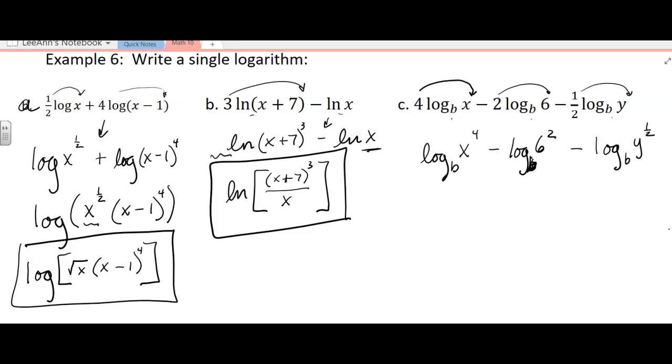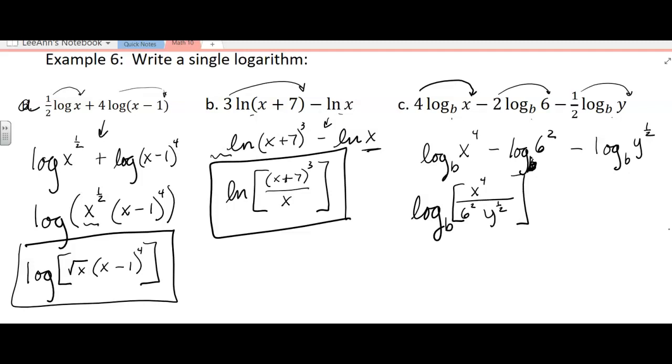Now, positive logs, the arguments in the numerator, negative logs, the arguments in the denominator. Okay, so we're going to write one logarithm, and we'll go ahead and bring in a bracket. That x to the 4th is in the numerator, but the 6 squared, that's down in the denominator, and the y to the 1/2, that's also down in the denominator. I don't know, maybe I don't need the square brackets. Okay.